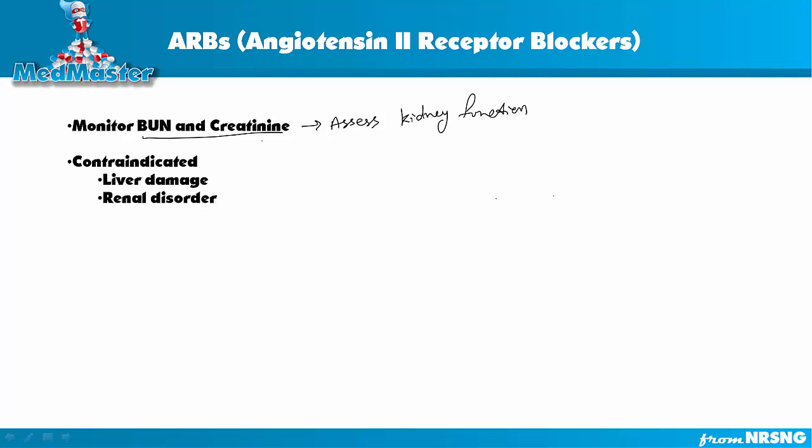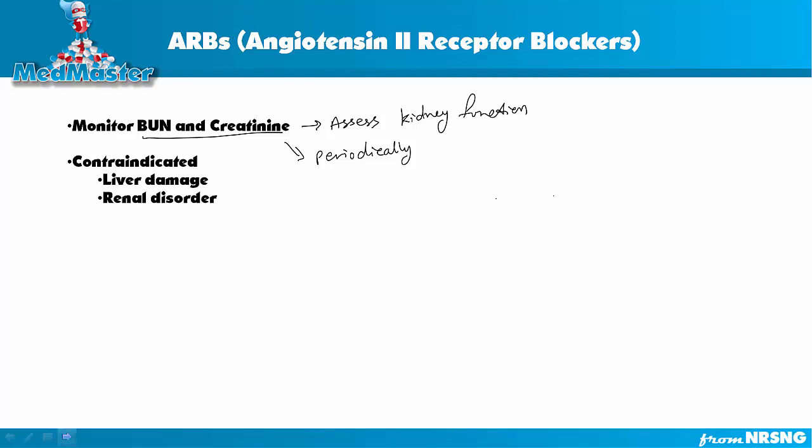And you want to do these labs periodically, so we can monitor kidney function over time. And obviously this medication is contraindicated in liver damage, because most of our medications get metabolized by the liver. If the liver is damaged, this medication can accumulate to a toxic level and cause more side effects, and also for renal disease as well.